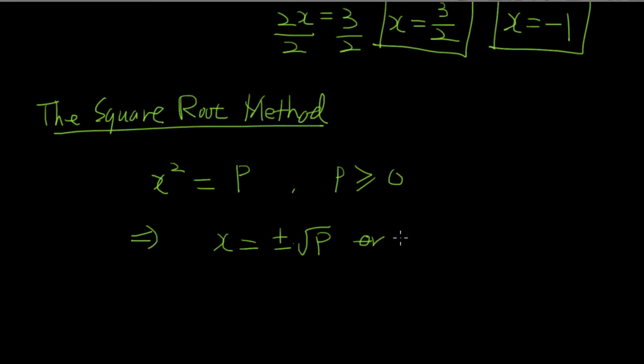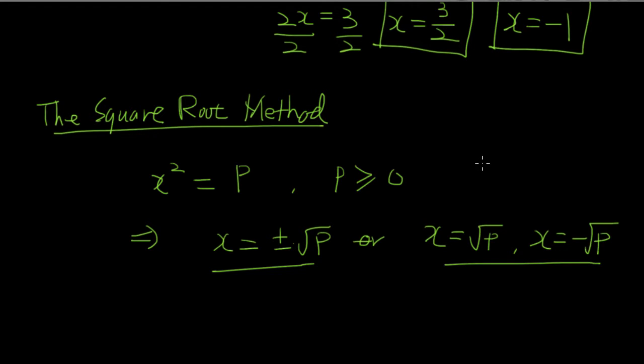Or sometimes people say just x equals square root of p and x equals negative square root of p. So they sometimes put it separately like that, sometimes they combine it. It doesn't really matter, right? You can write it either way. Okay, so this is the square root method.